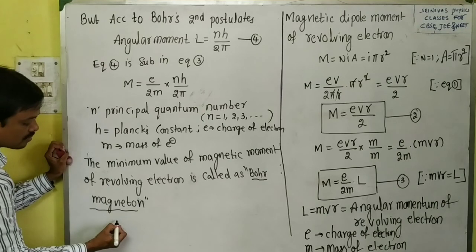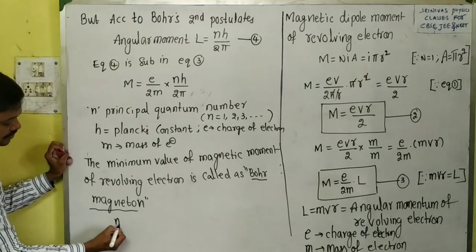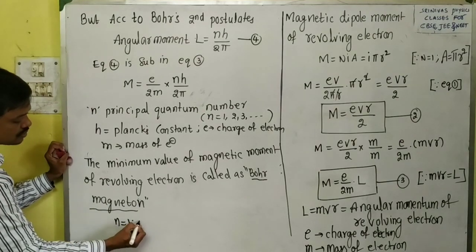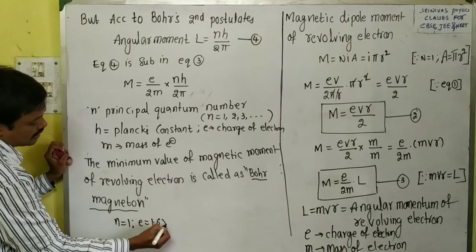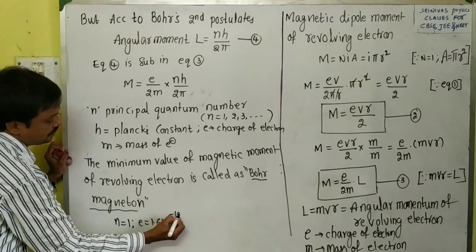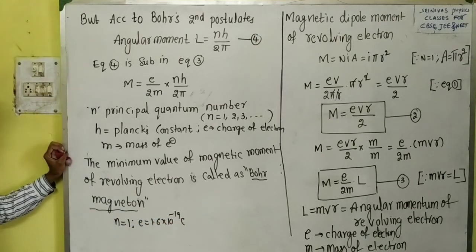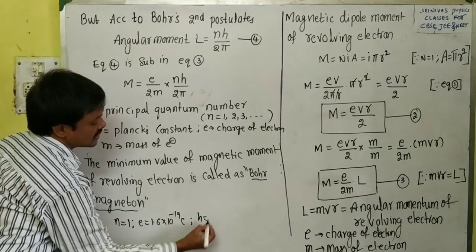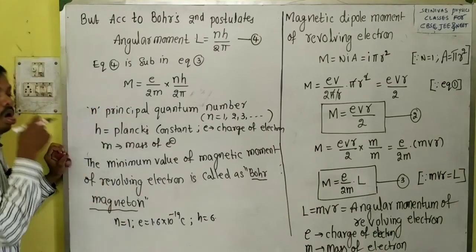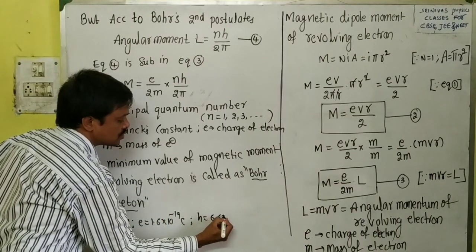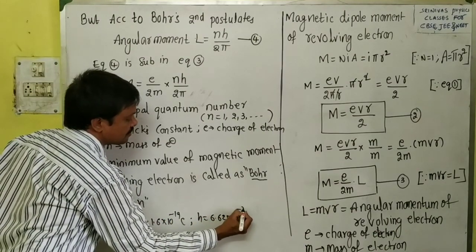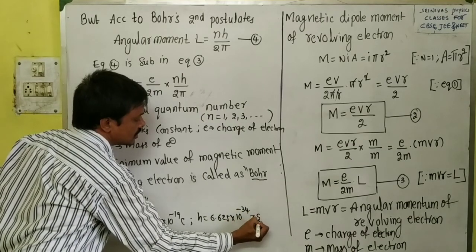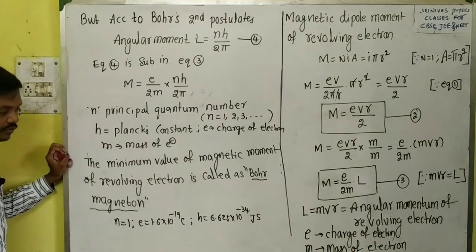How will we get the minimum value of magnetic moment? n is equal to 1, you substitute. Electron charge you substitute as 1.6 into 10 to the power of minus 19. And next, Planck's constant 6.625 into 10 to the power of minus 34 joule second.